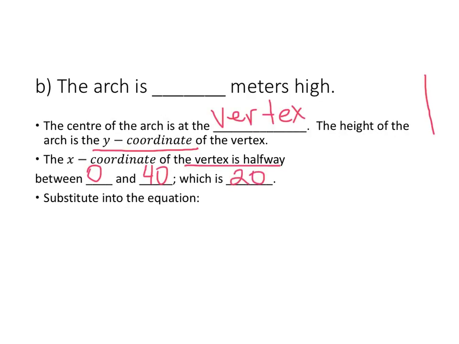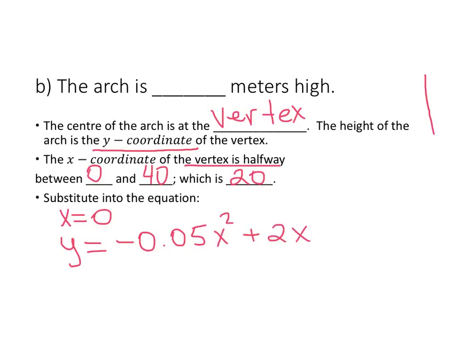So let's substitute this into our equation. We're going to use x equals 20. We're going to plug it into y equals, and the equation that we got earlier was negative 0.05 x squared plus 2x. And when we do that, over here I should have actually written 20.